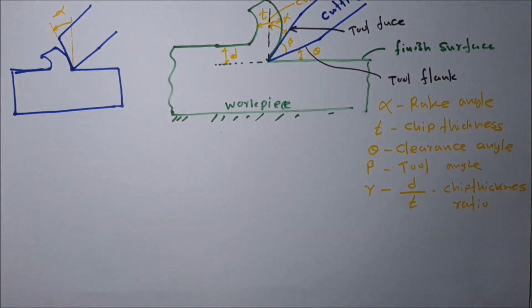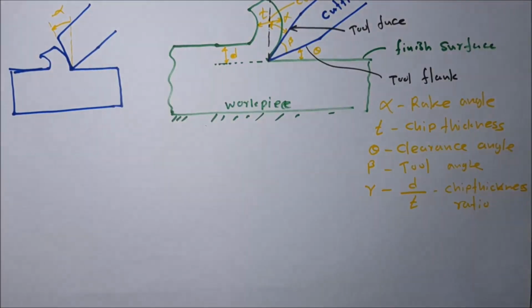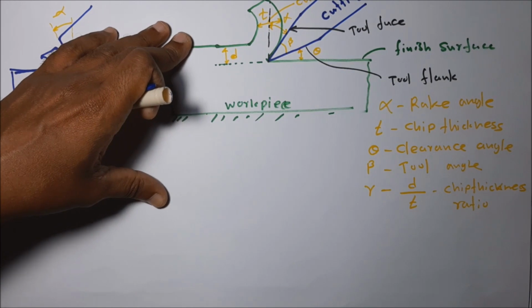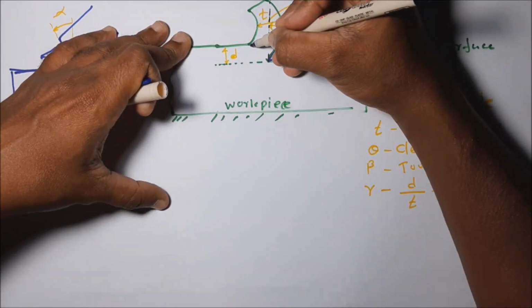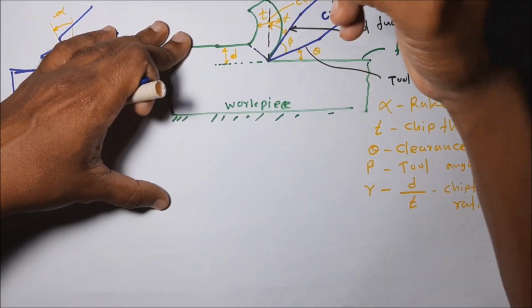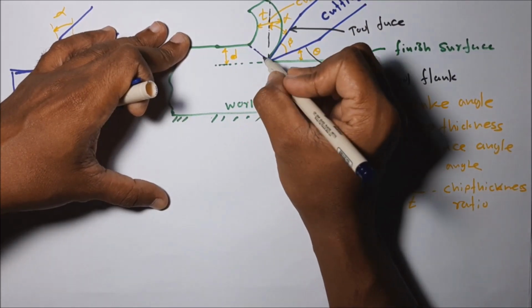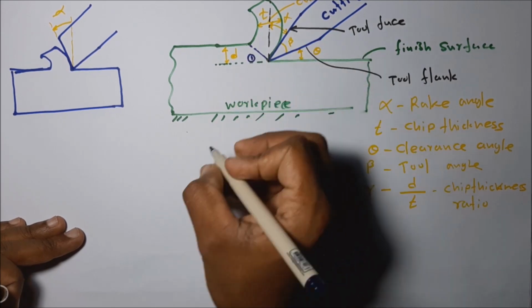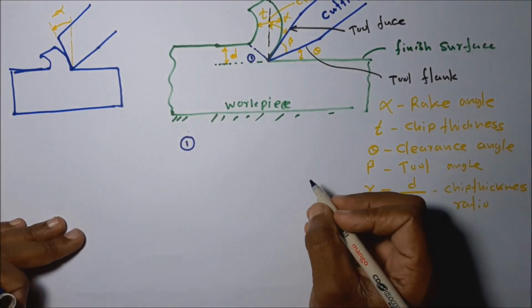Then in this diagram we have to identify these two zones. Here you can see this zone is called the primary shearing zone. I will put the number one.